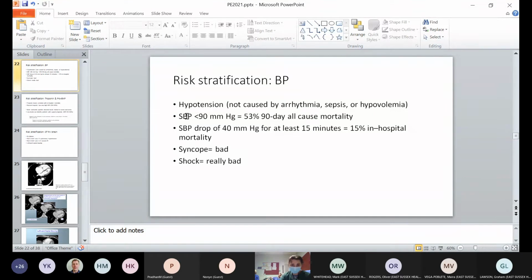We're talking about systolic blood pressure below 90 millimeters of mercury. These people have a 50% mortality in the next 3 months. Another criterion of massive PE is a systolic blood pressure drop of 40 millimeters of mercury for more than 15 minutes, and these people also have a certain percentage mortality. So any evidence of blood pressure instability is all bad news.